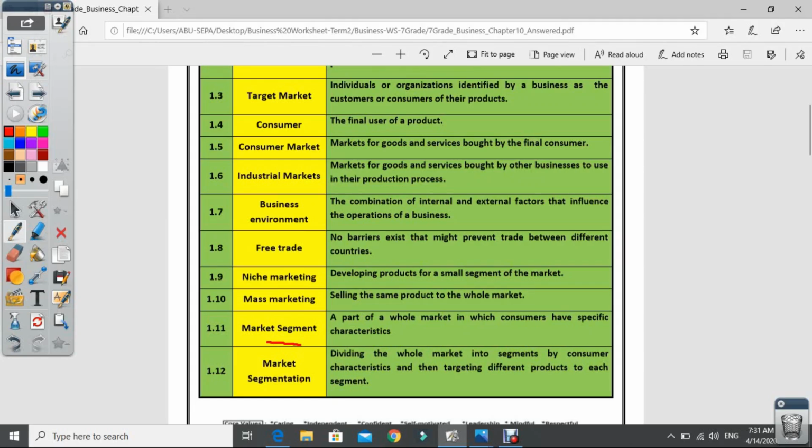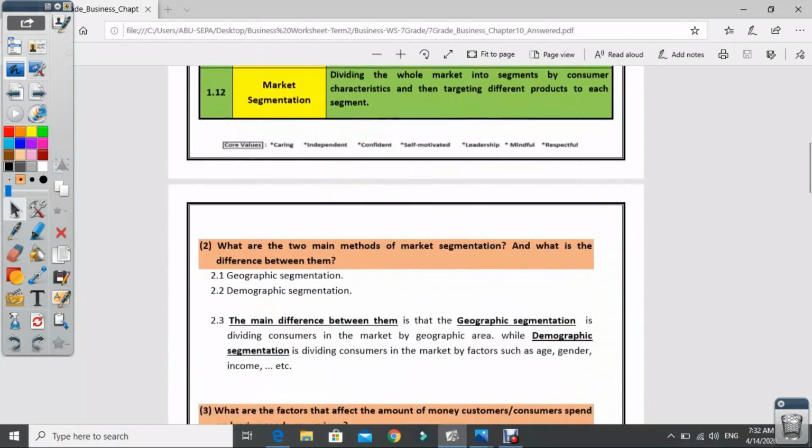Market segmentation: dividing the whole market into segments by consumer characteristics and then targeting different products to each segment. Okay, let's go to the next page.